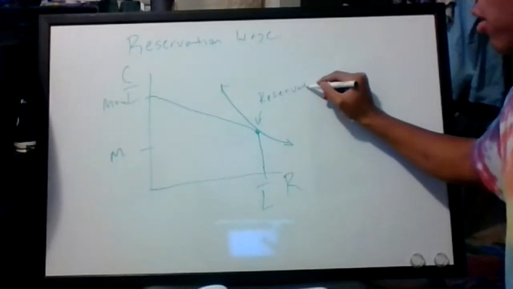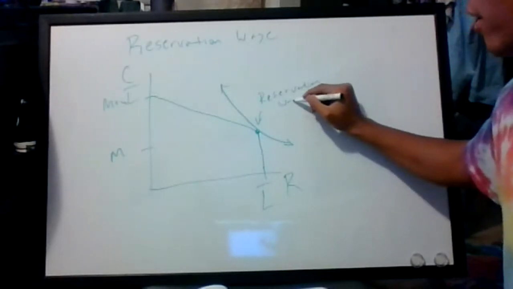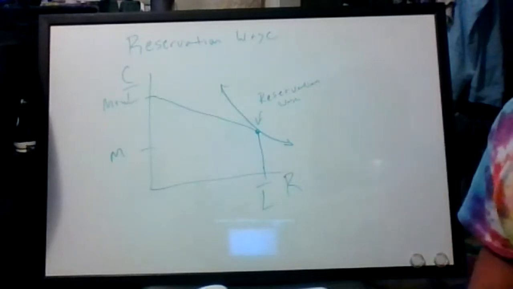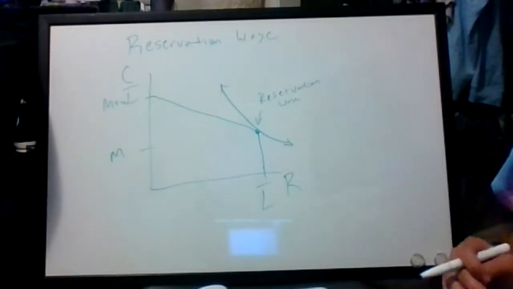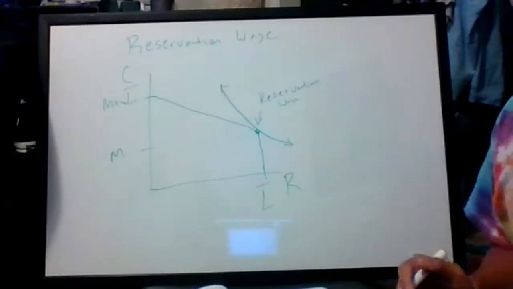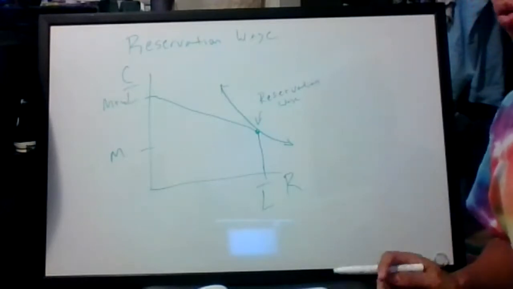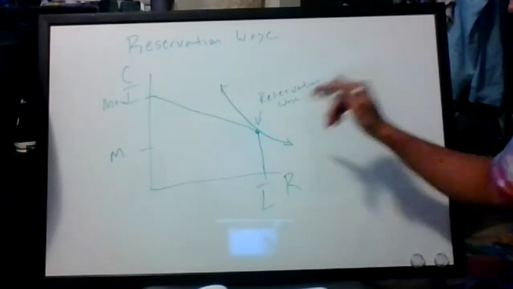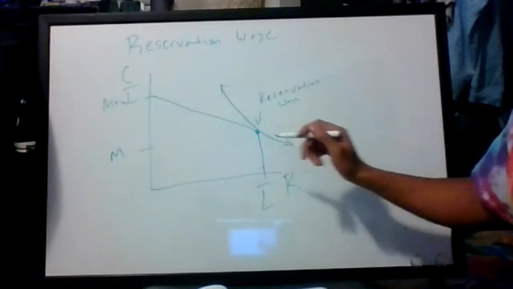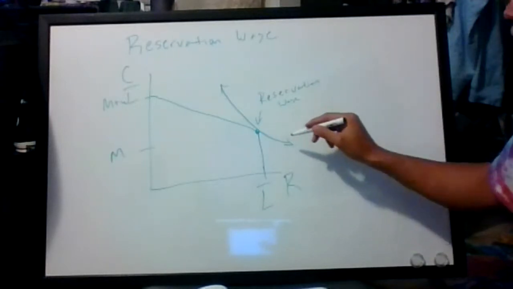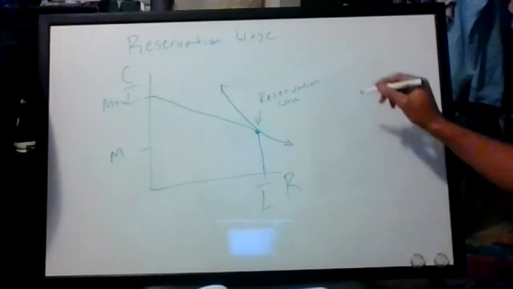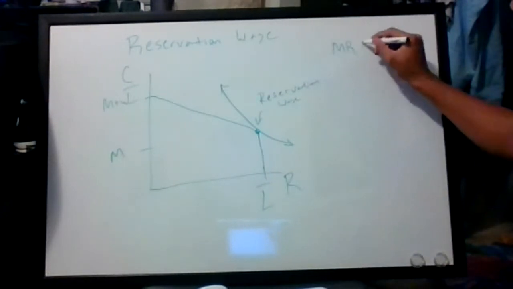So reservation wage, right? And because we can kind of think about it as the slope, another way that you guys can refer back to what slope is, and tie it to this point right here, is that because we're dealing with a slope, what we're really dealing with is an MRS, right?